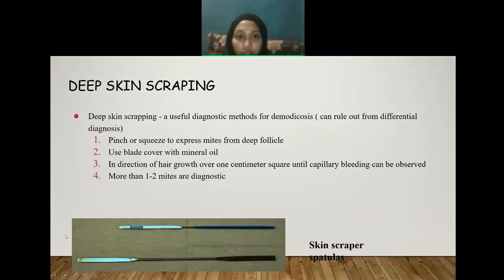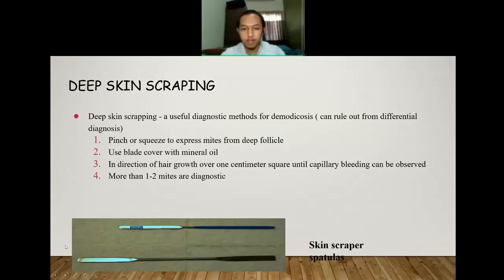Okay, finally, I'll continue with deep skin scraping. It is most useful for diagnosing demodicosis, and how you use it is firstly, you pinch or squeeze the part of skin of the animal to express mites from the deep follicle. Then we take a blade and cover it with mineral oil.